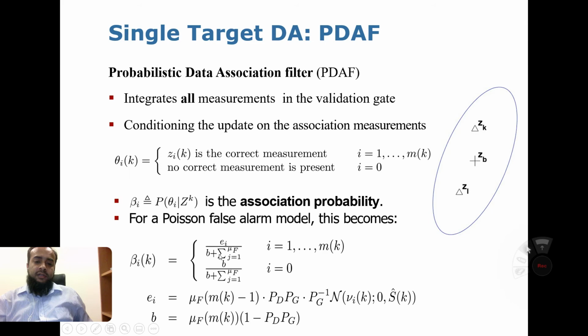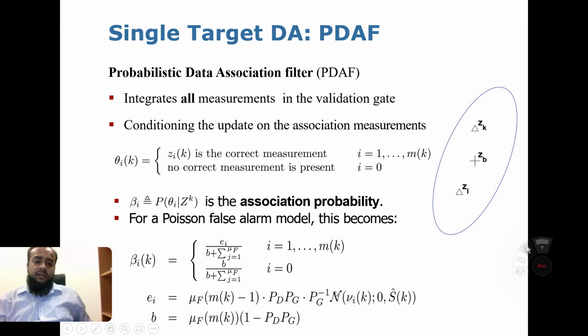e_i over b plus the summation of the false alarm density, where e_i equals the Poisson distribution clutter measurement density times the detection probability times the gating probability times the likelihood.